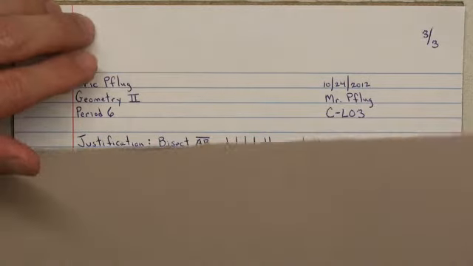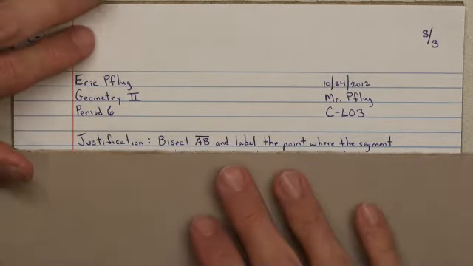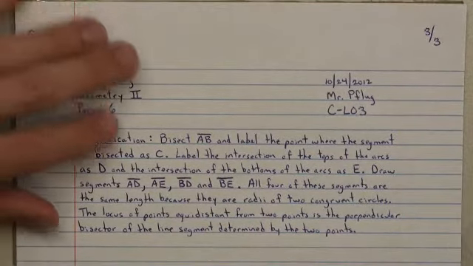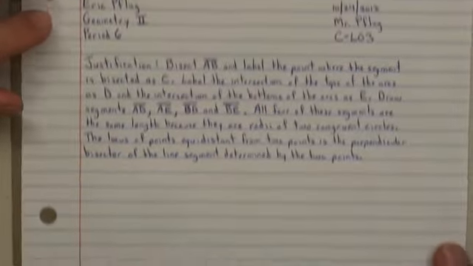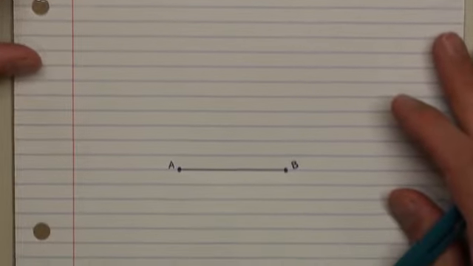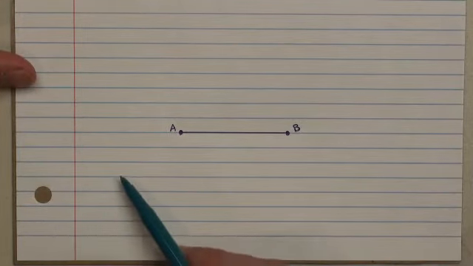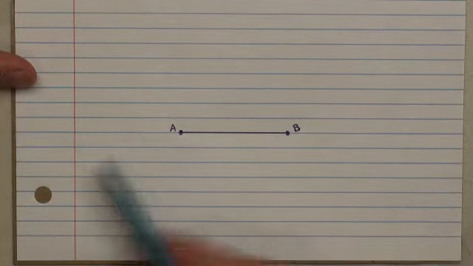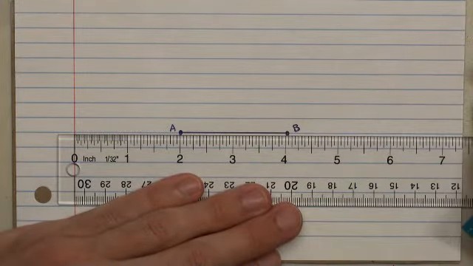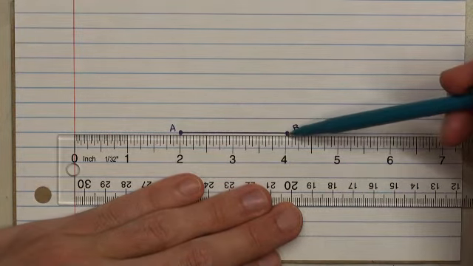We're going to bisect line segment AB. So let's draw segment AB. Move the page down because I want to go through this at the same time as we do this. This bottom left circle, I want you to go up 1, 2, 3, 4 lines from the bottom left circle. Line up your 0 on the left margin and go in 2 inches and make a dot, and go in 4 inches and make a dot.